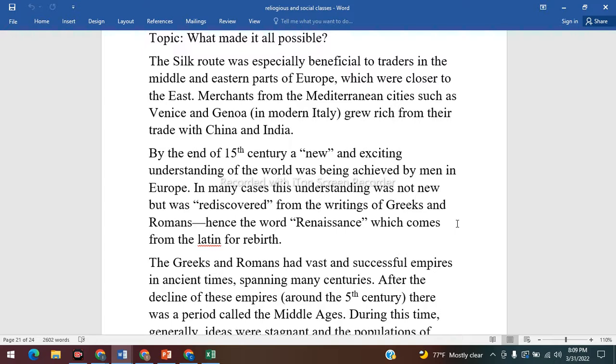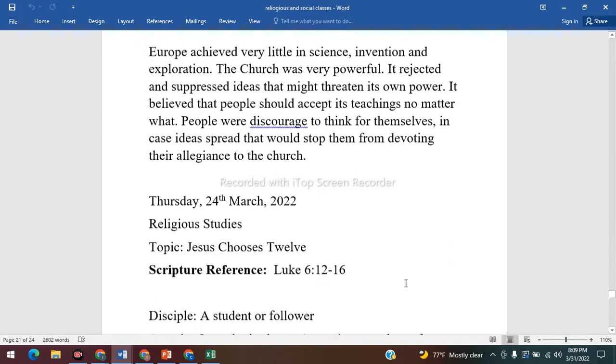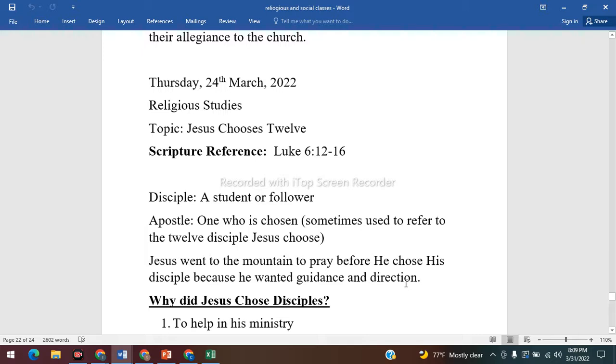Let me just move this because I have the answers right there. So the Renaissance, can someone define it for me? A rebirth in learning or knowledge.